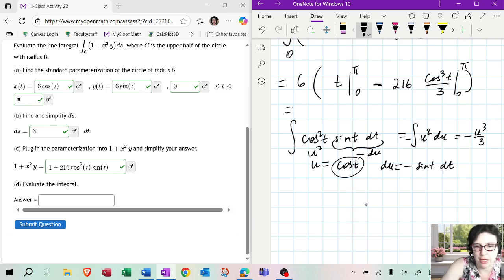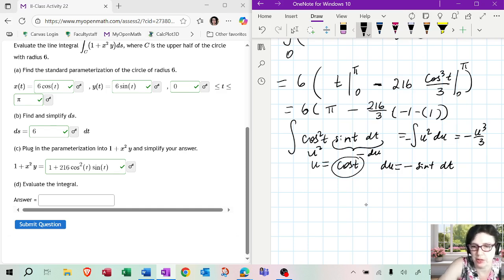All right, so let's evaluate what we get. From here, we get pi. Then here we get 216 over 3. Now let's see what happens when we substitute pi for t. Cosine pi is negative 1. When you cube it, it's going to be negative 1. And then you subtract. What happens if you substitute 0? Substituting 0 will give you cosine 0, which is 1.